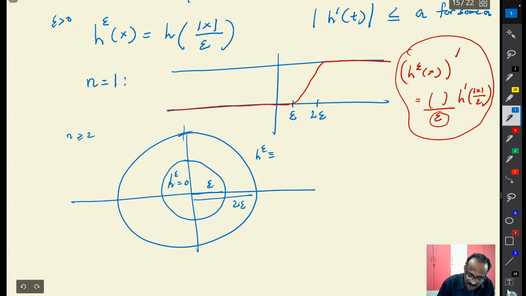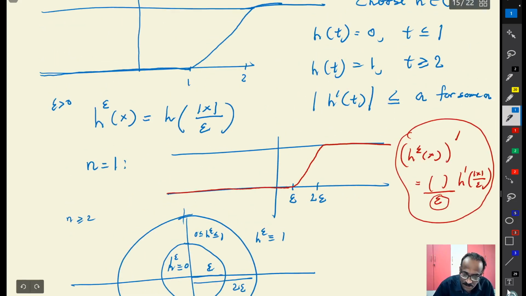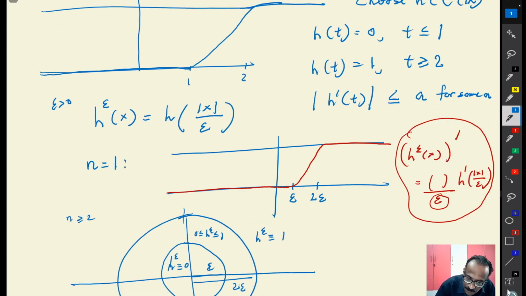These are all tricks you regularly use in PDE. You get 0 less than or equal to h epsilon less than or equal to 1, and smooth.